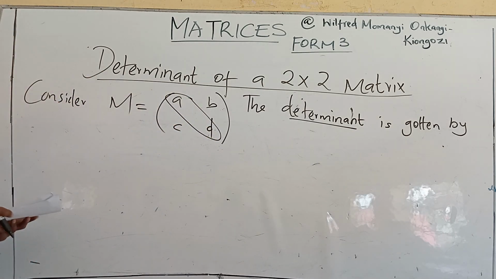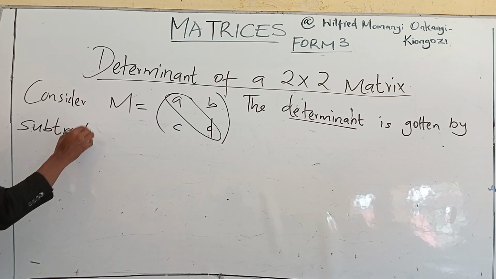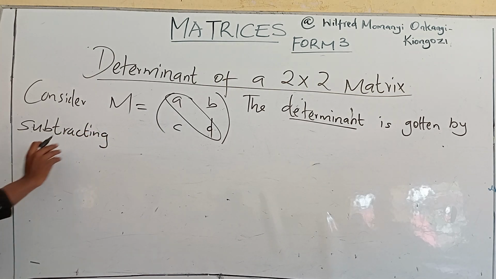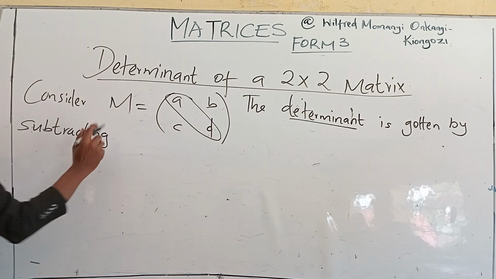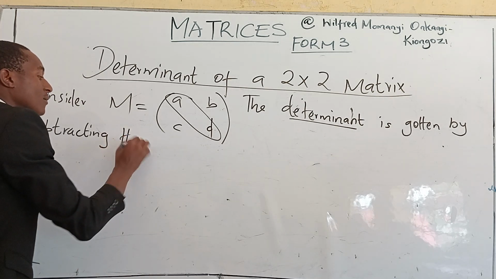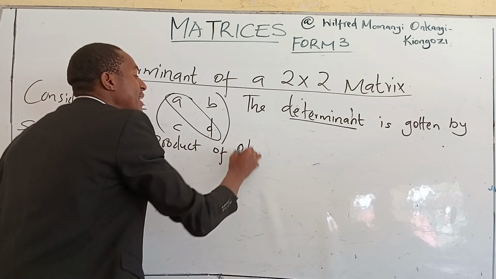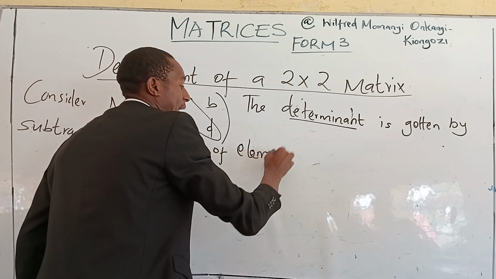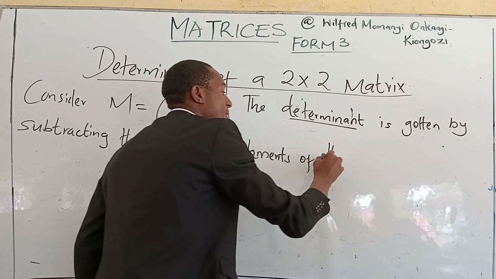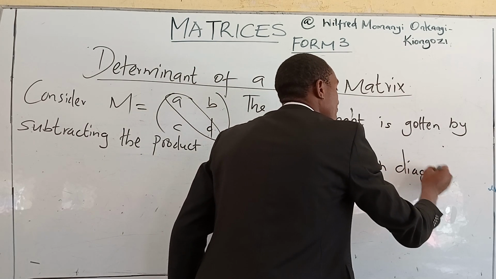Sorry, by subtracting, how to put it in a language that you can understand, it is gotten by subtracting the products of elements of the main diagonal.